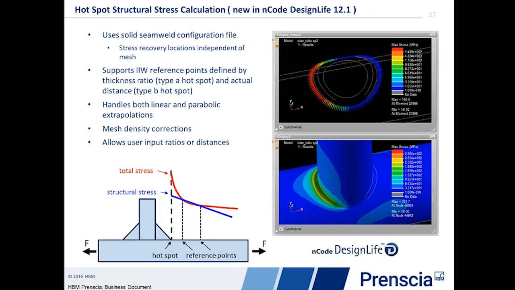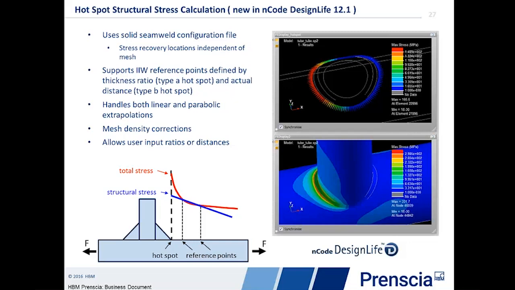What we've done inside DesignLife at 12.1 is leverage what we've done in solid seam weld, which we'll talk about in a bit. That approach allows us to use a weld configuration file to describe where we want to look. However, we don't have to match the mesh with the locations we're looking at.